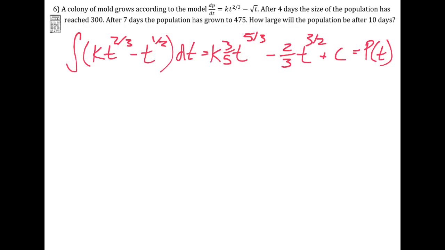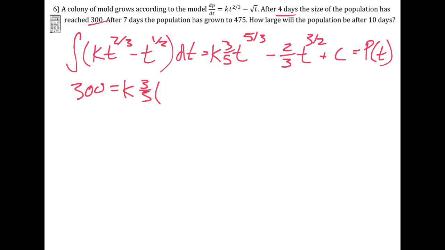So we need to plug in our 2 points. We know that after 4 days, the population has reached 300. And so we're going to say 300 equals, we're just going to plug stuff in now. We have k, we don't know what that is, but we have 3/5. The t value for the 300 size is 4, because it's 4 days.